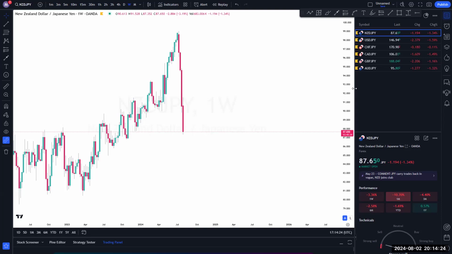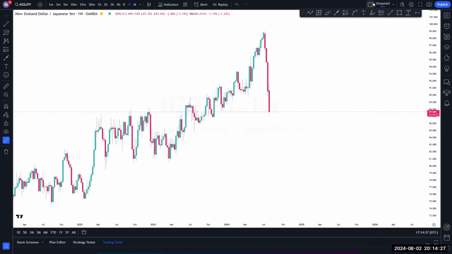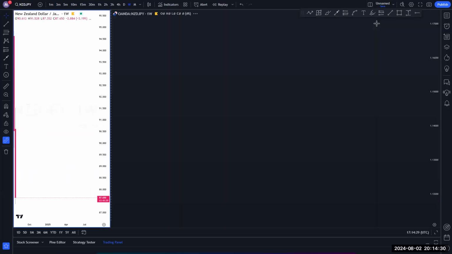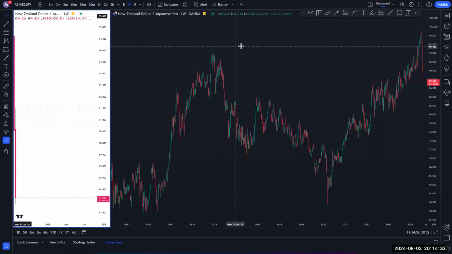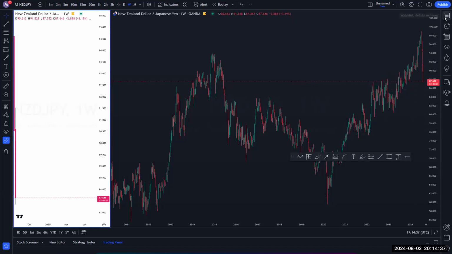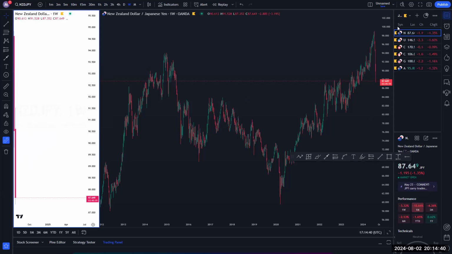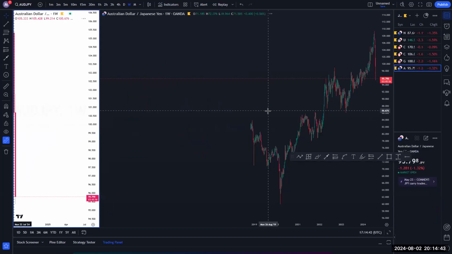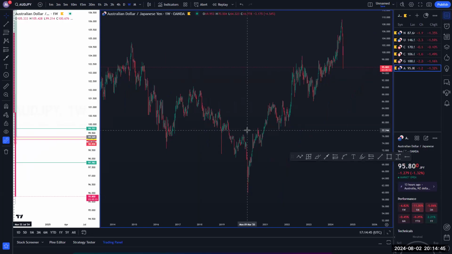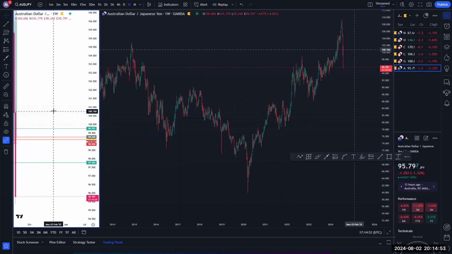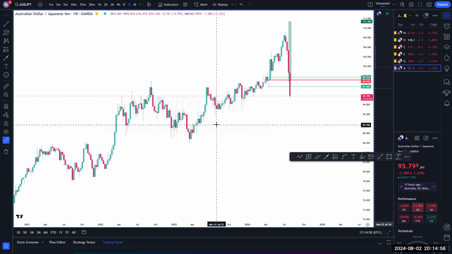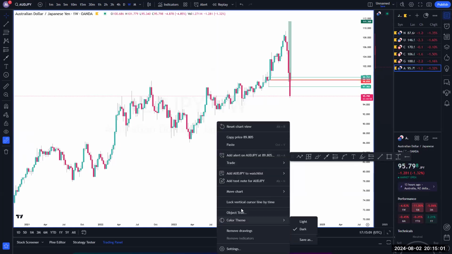So now this is how NZ JPY is looking. Now we have to go and check AUD. Okay, actually, this tabbed me.